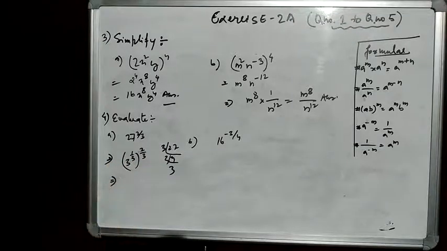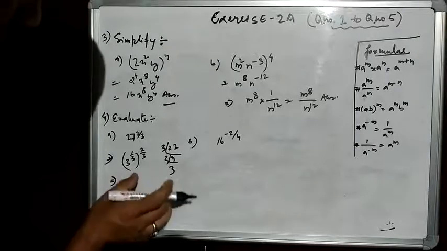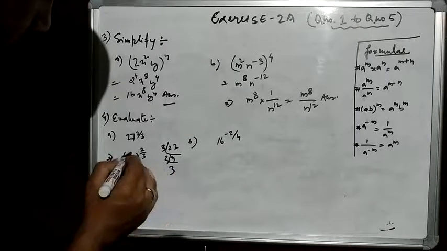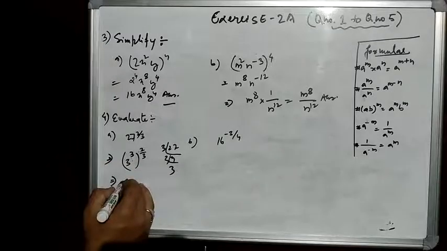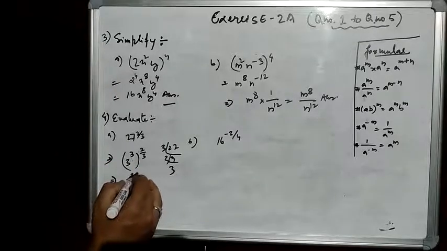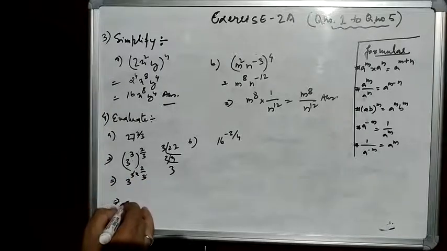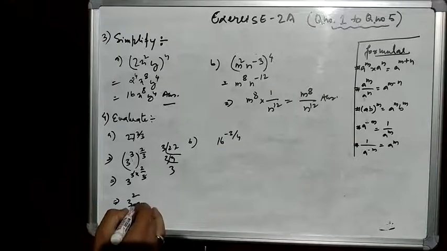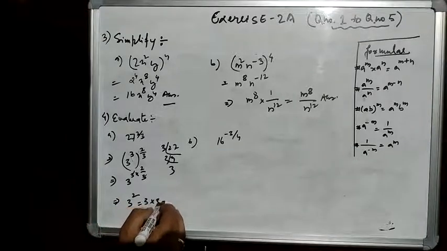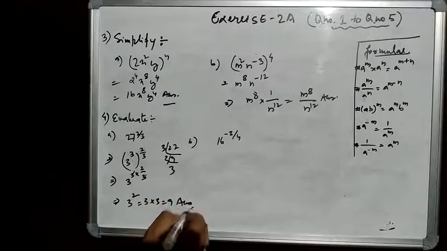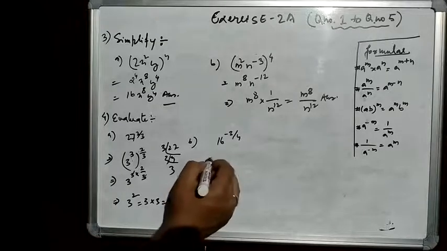Now 3 into 2 by 3, in this section we'll cut the 3 and 3. The remaining is 3 to the power 2, so 3 into 3 equal to 9 is your answer. Similarly we'll do this question as well.